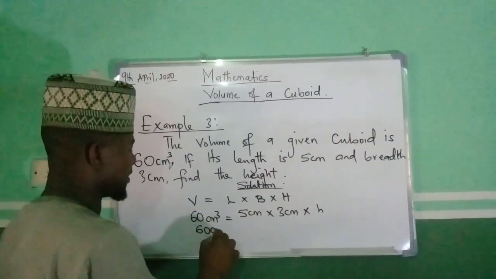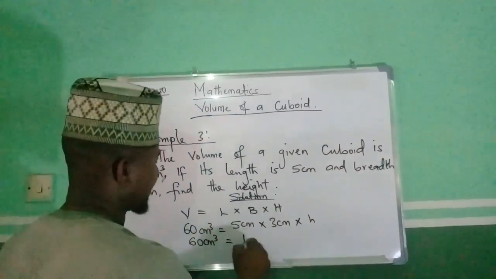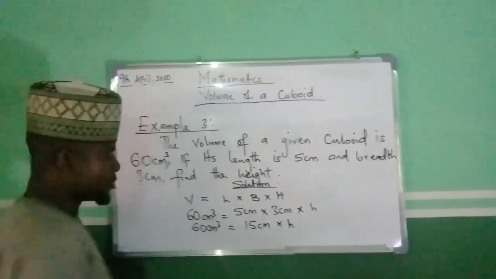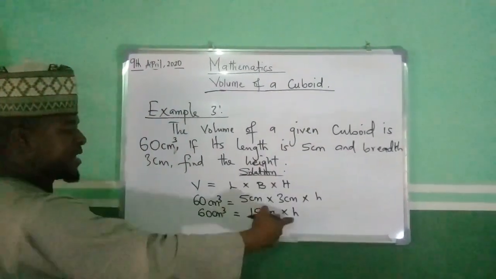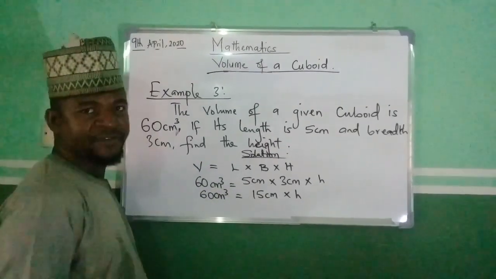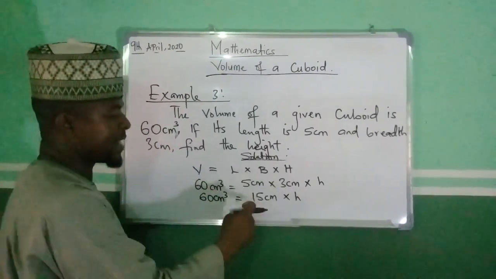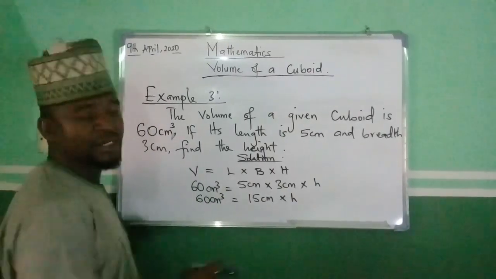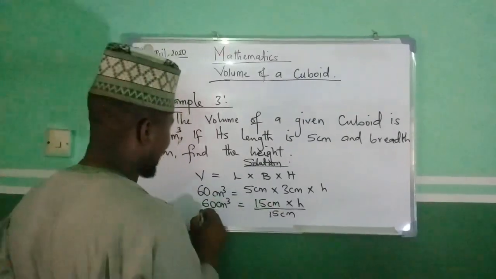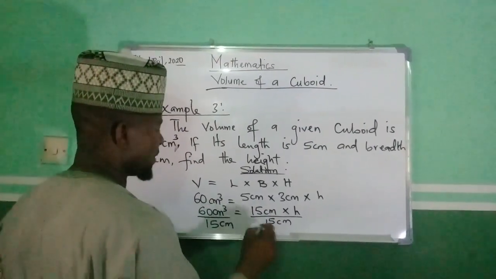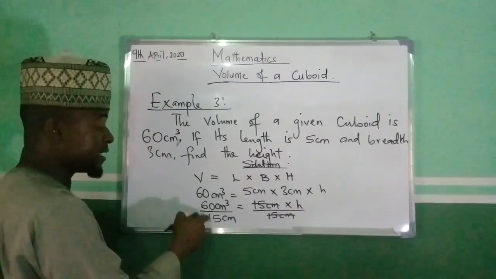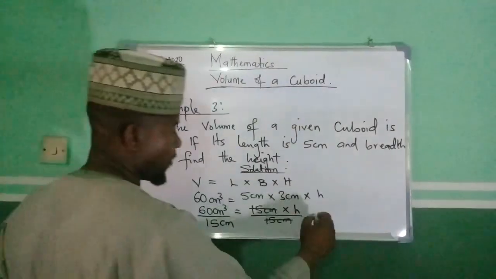So we have 60 centimeters cubed equal to 5 multiplied by 3, 15 centimeters squared, times H. Now what I need to do is to find H from here, which is obtainable by dividing both sides by 15 centimeters squared, because 15 is like a coefficient of this H. If I divide both sides by 15 centimeters squared, this will cancel this out. My H will be 60 divided by 15, which gives me 4.